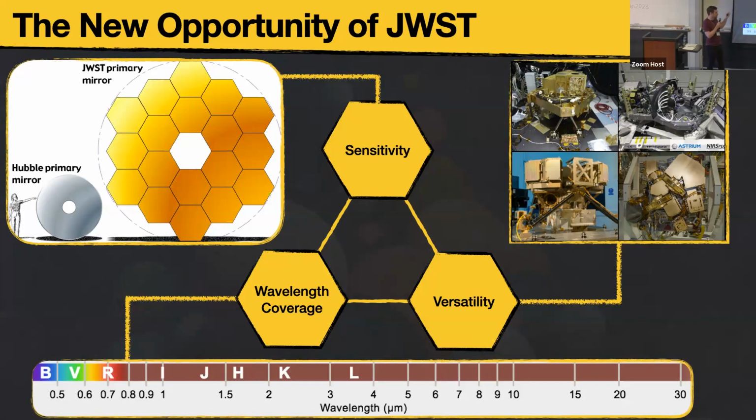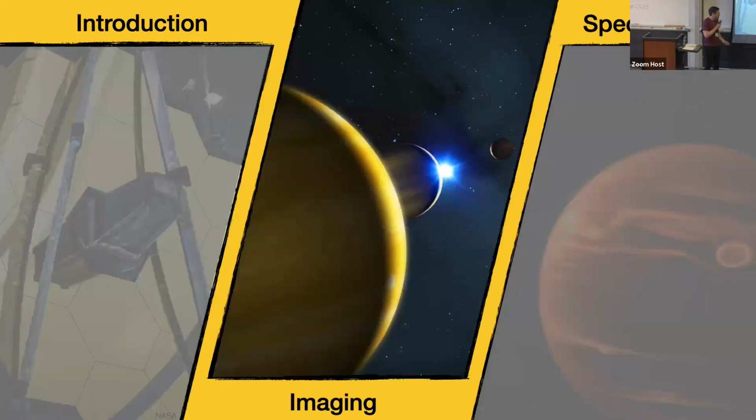It's this holistic view. We have the capability to do these observations in a new wavelength range that's really advantageous, and we can get really high signal to noise, high precision measurements at the same time. Okay, so moving on, I'll start talking about imaging to begin with.